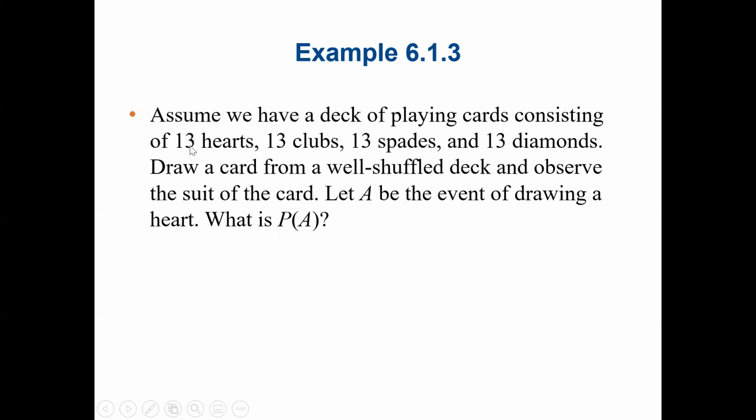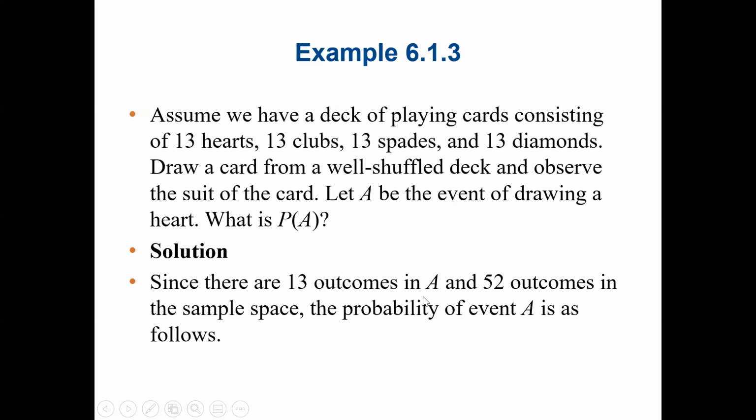And remember here we have 13 hearts, 13 clubs, 13 spades, 13 diamonds. So we should know the total sample space, or I would say the total outcomes. It will be 52: 13 hearts plus 13 clubs plus 13 spades plus 13 diamonds gives me 52.